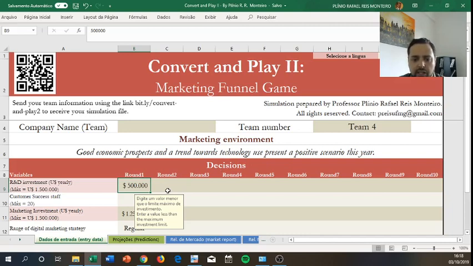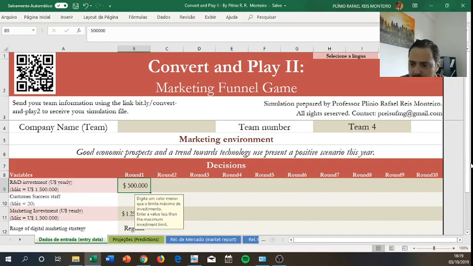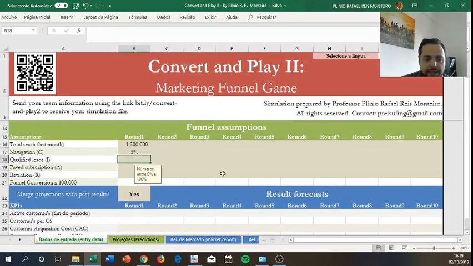This kind of technology is just appearing in the world, and you have a good product, so you have a very good scenario. Thinking about everything and looking at those numbers here, I'm going to be very optimistic. I believe that 7% in this scenario, with that investment, I believe that 7% of people navigating my website will become qualified leads.